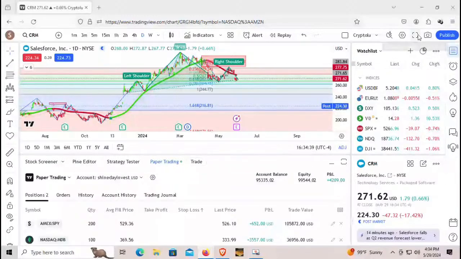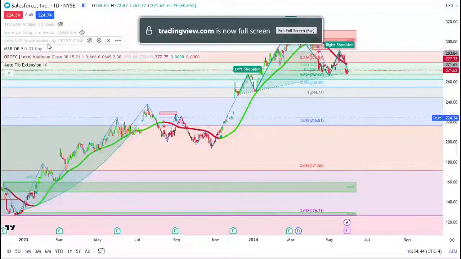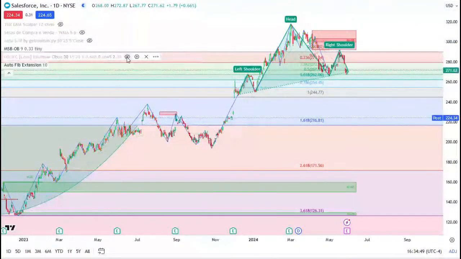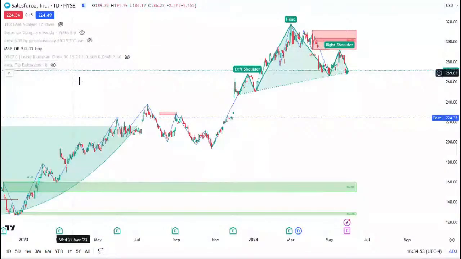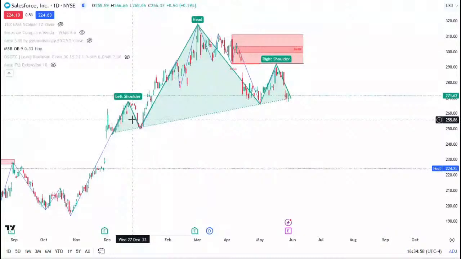Let me zoom out and take off all the indicators, the Fibonacci, to make it easy for you guys. They have this written down on Webull, and I also noticed it on the flow, in my notations over here.